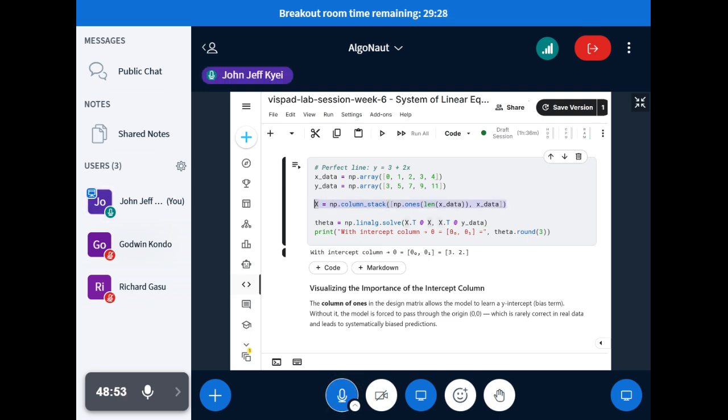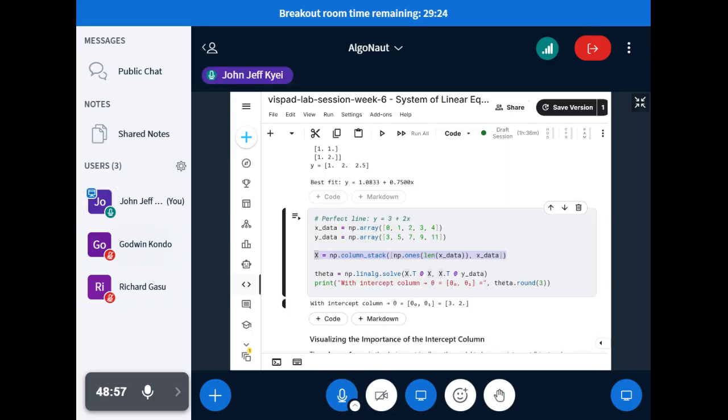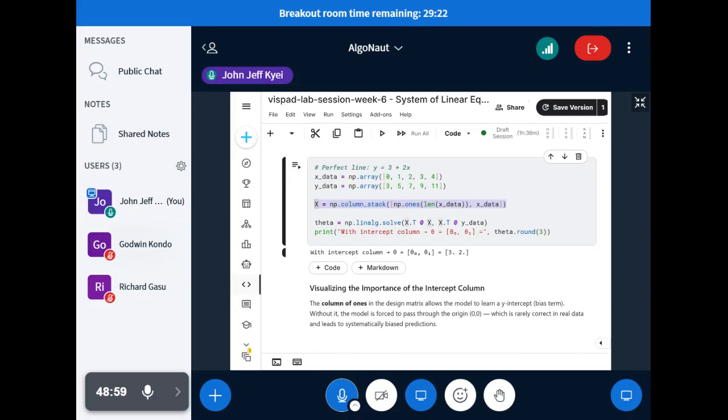All you have to do is write your points normally, not hard coding it like this over here, and then we add a column of ones just to ensure that the y-intercept is included. If you don't do that, it's going to be biased.